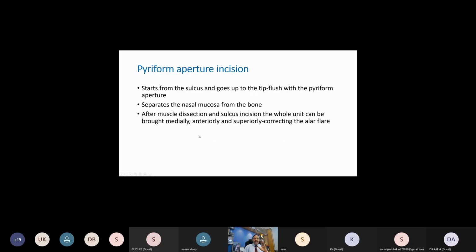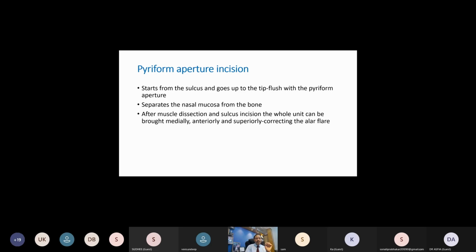Another very, very important point is piriform aperture incision. So this is the piriform aperture, and the lip is attached here. So the complete lip on the cleft side should be separated from the piriform aperture, from the bone. Being close to the bone, you have to give an incision, go up close to the tip.